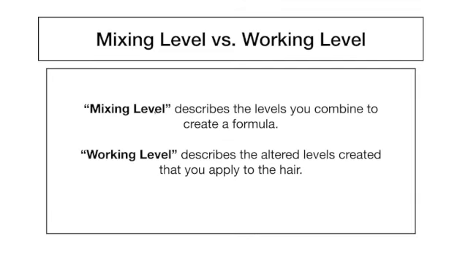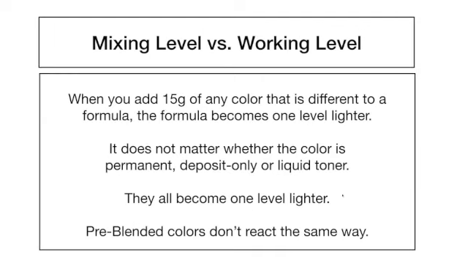Remember, mixing level describes the levels you combine to create a formula. Working level describes the altered levels you created and then you apply to the hair. Now, when you add 15 grams of any color that's different to a formula, the formula becomes 1 level lighter.